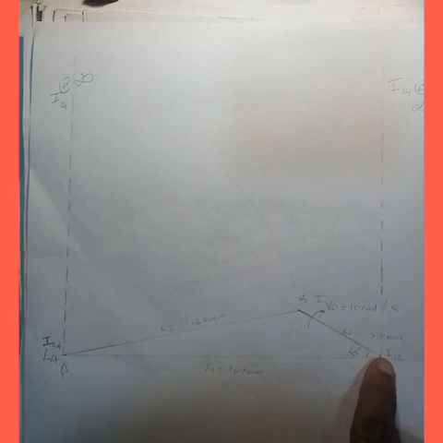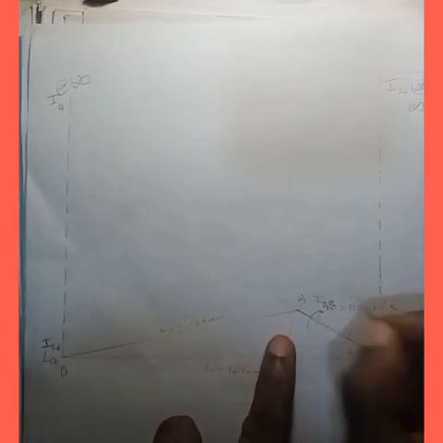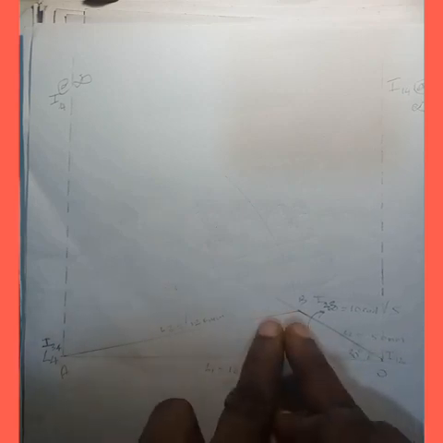So now from here you already have I12, and then you have I23 here. This is I23, and then this is I34. So you have I12, you have I23 here.